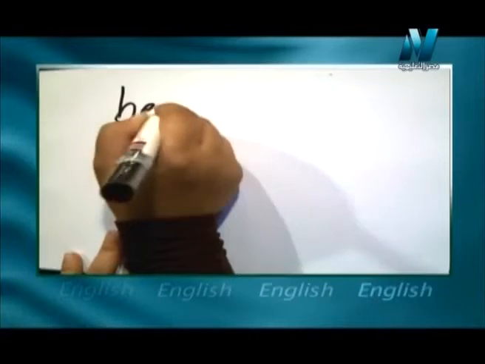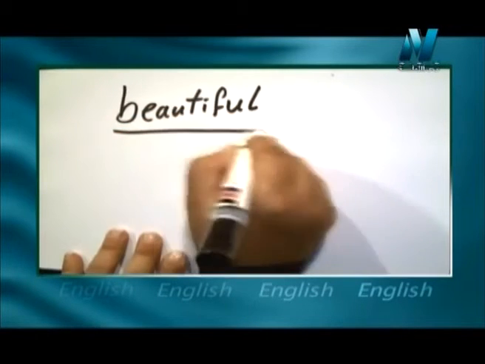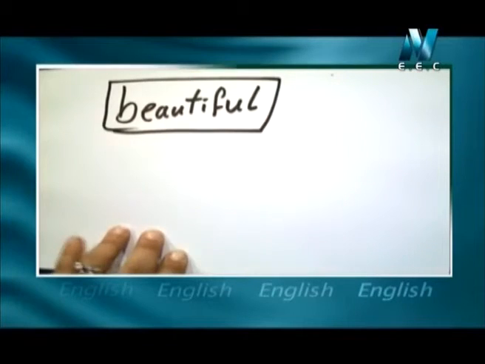But if this word is long, for example, when I'm saying beautiful, look at this adjective. It's very long. I can divide it into more than 1 syllable. So I will not use the form we have said, that you are going to put the adjective, er, than, and then the rest of the sentence.